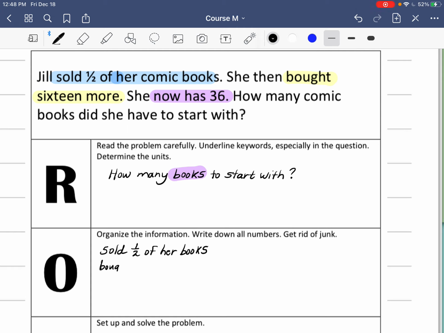She bought 16 more. And she now has 36. And all of these are talking about books. So there's no junk in this problem. We need all of those numbers.